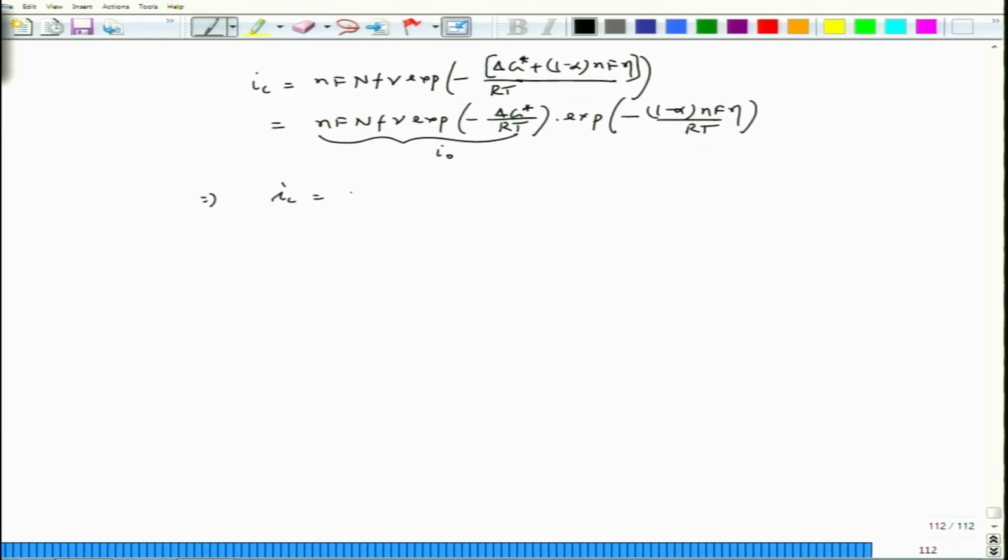So, I C equals I 0 exponential minus (1 minus alpha) n F eta by R T.